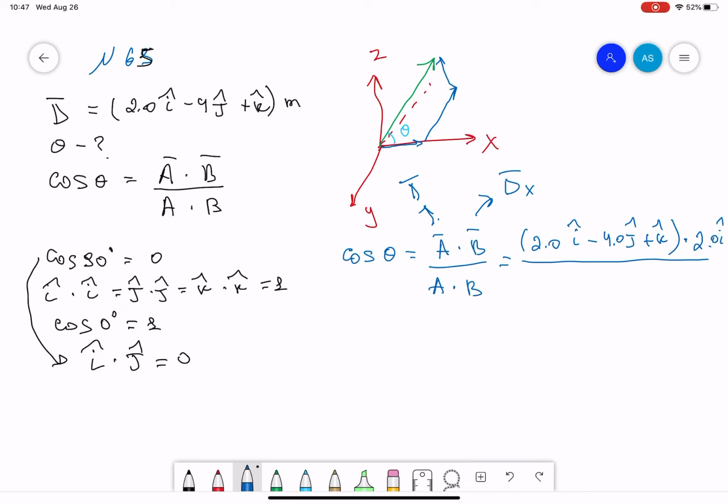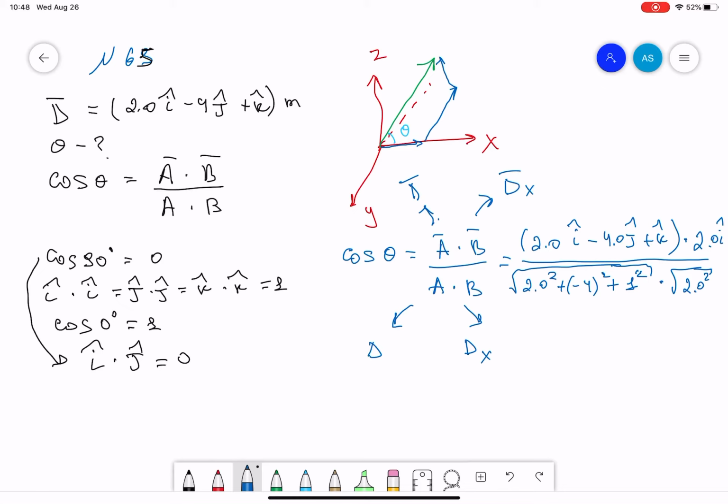Now the magnitude of a vector is simply squaring the components and adding them, and multiplying by the magnitude of the b vector. In our case, b is the dx vector, whose magnitude is obviously 2 squared under the square root.